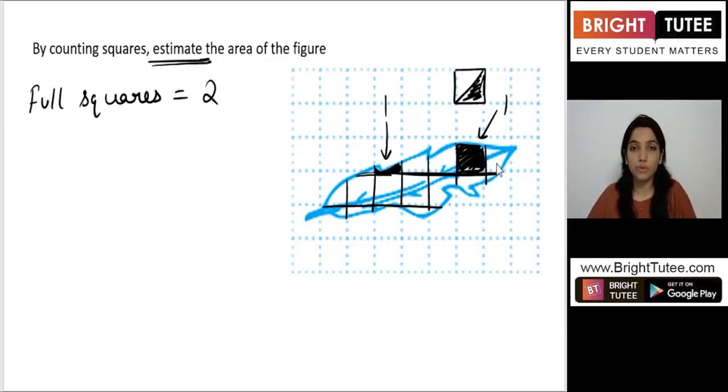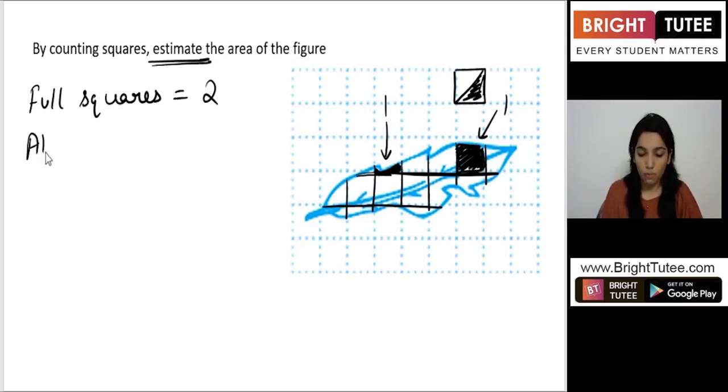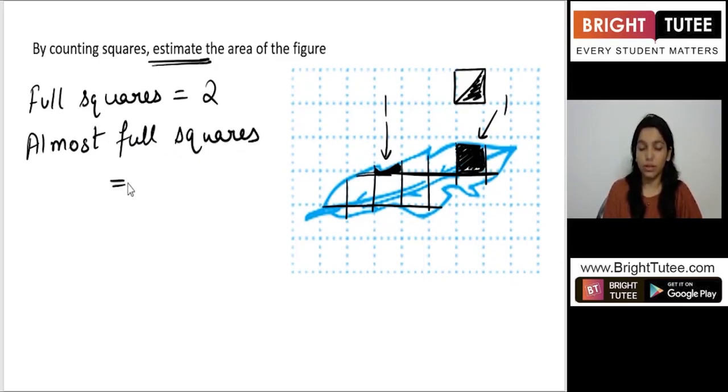So what I'm going to do, see, almost full squares. So let us write down the number of almost full squares. So this is 1, I'll just shade those squares. This is 2, right?